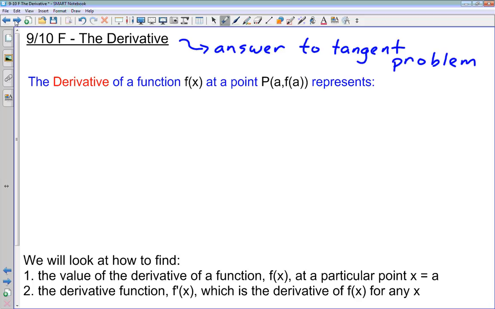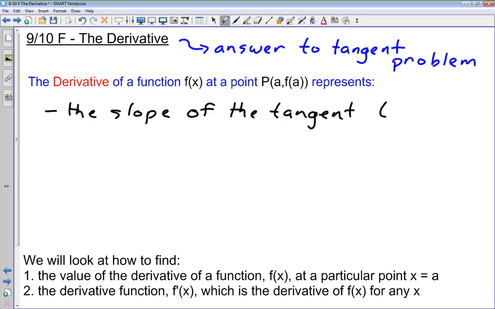We can think of it as the slope of the tangent to our function f at x at this point x equals a, which we also call point P. So if the tangent problem asks how do we find the slope of the tangent, the derivative is the thing that finds the slope of the tangent for us.